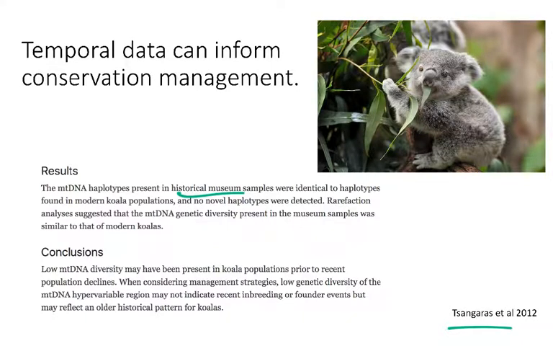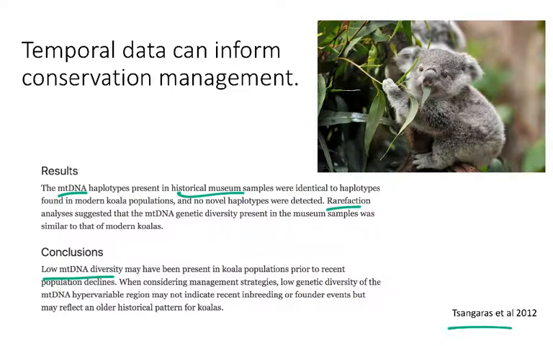They specifically used mitochondrial DNA haplotypes. And again, they used something else we talked about. They used rarefaction to account for differences in sample size. And overall, what they found is that the historical samples actually had low mitochondrial diversity. So they concluded that even before population decline started happening, these koalas already had low mitochondrial diversity.